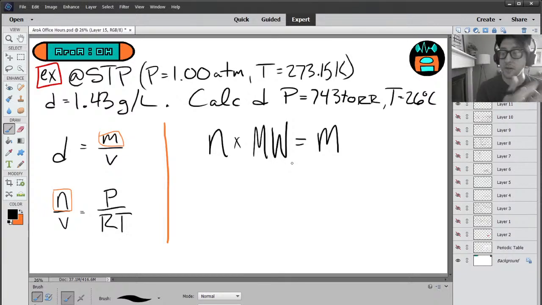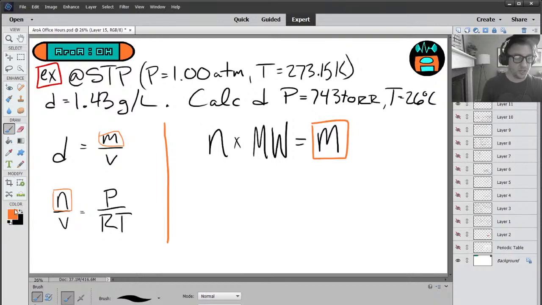Now we don't know the molecular weight of this particular gas yet, but we have this expression where moles times molecular weight equals mass.